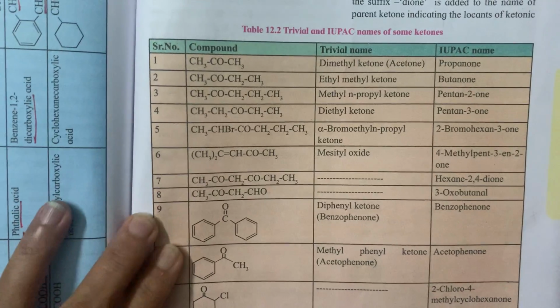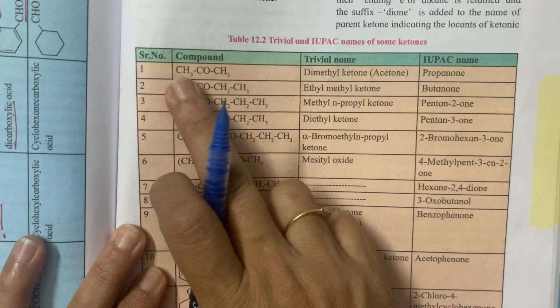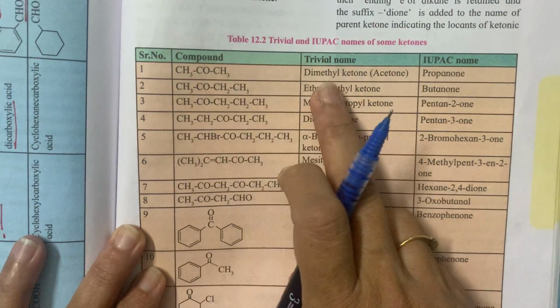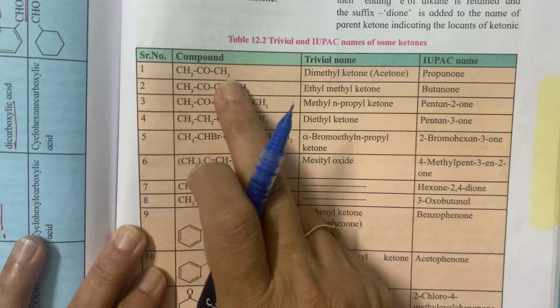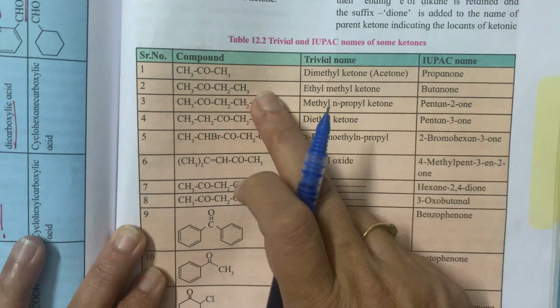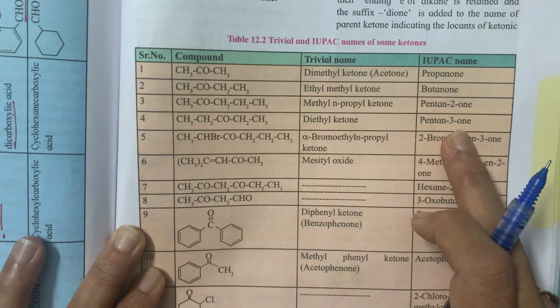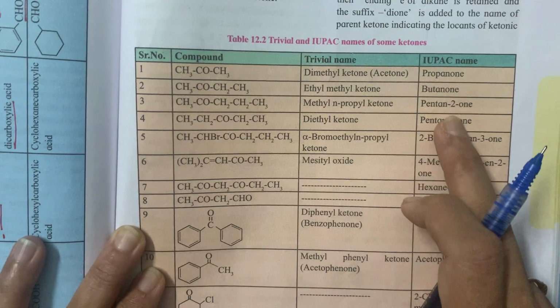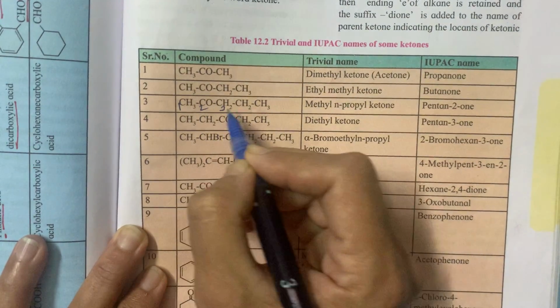Now see the textbook. This is the textbook here. Now the trivial name: symmetrical ketone, simple ketone. So this is dimethyl ketone. 1 2 3 carbons in a chain, so this is 3 members, so this is propanone. Then butanone, then pentanone, where we have to mention on which carbon the carbonyl group is present. 1 2 3 4 5.